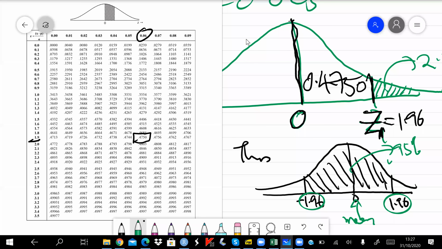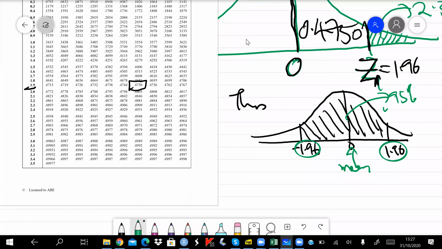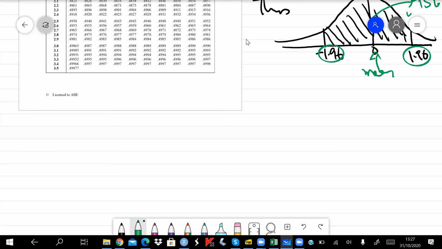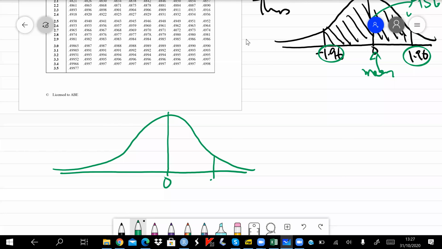And we can quickly try the case when we're using 99%. We said around 99% of the distribution lies within about 2.5 standard deviations of the mean. So we're talking about this area here. This is 0, and we're talking about some Z2 here and some Z1 here, which is negative.